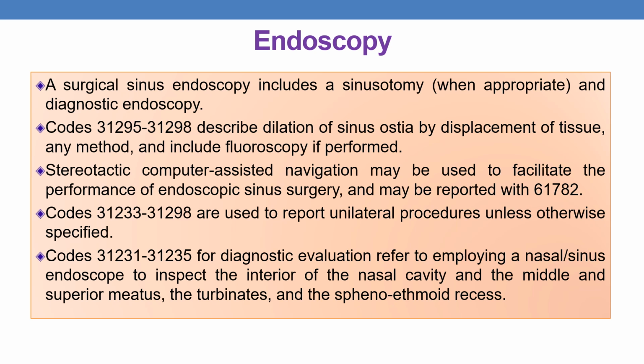And the codes 31231, 31232, 31235 for diagnostic evaluation refer to employing the nasal or sinus endoscope to inspect the interior of the nasal cavity and the middle and superior meatus, turbinates and the sphenoethmoid recess.